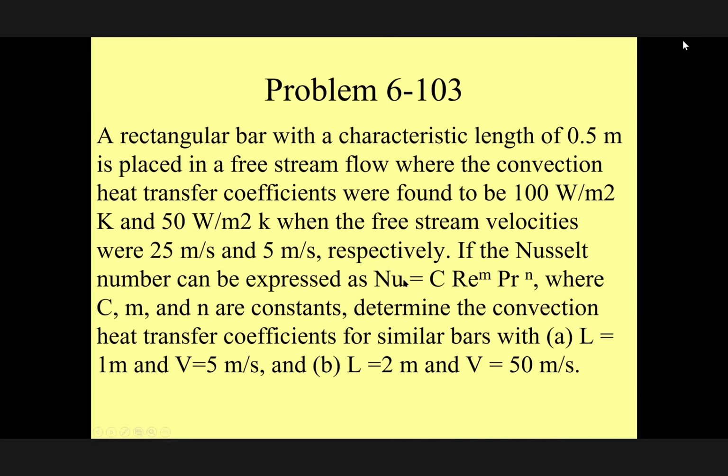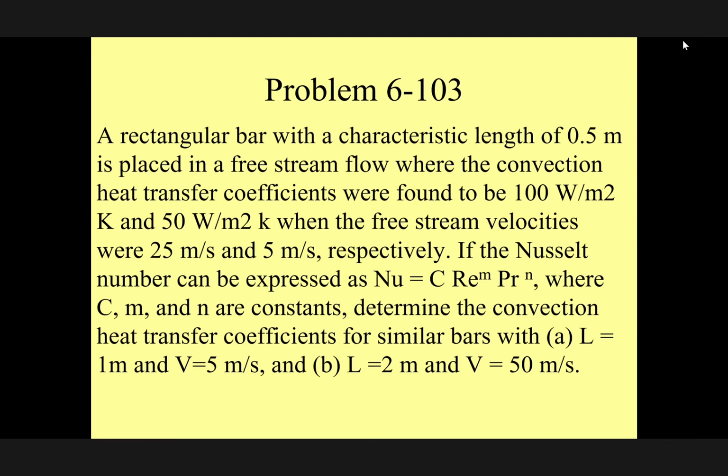Therefore, this represents hL over k. The Reynolds number we know is velocity times characteristic length, and L is given. Since the fluid is not changing, the viscosity is not changing, but we know the velocity. And the Prandtl number is the same, again, because we are talking about the same type of fluid.